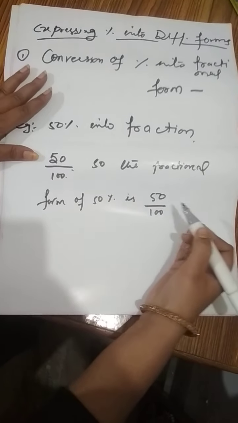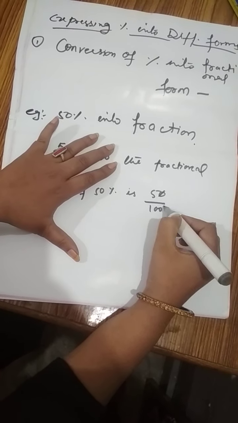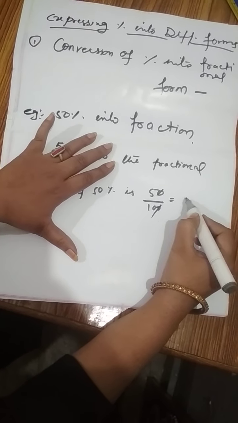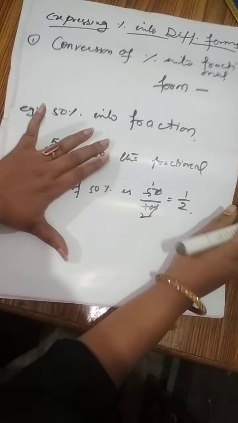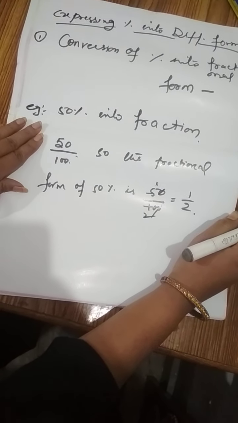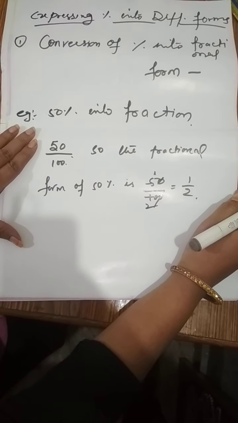You can also simplify it. This becomes 5 ones are 5 and 5 twos are 10, that is equal to 1 by 2. So we can say that the fractional form of 50% is 50 by 100 or 1 by 2.